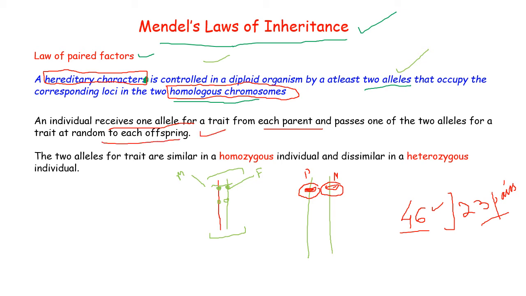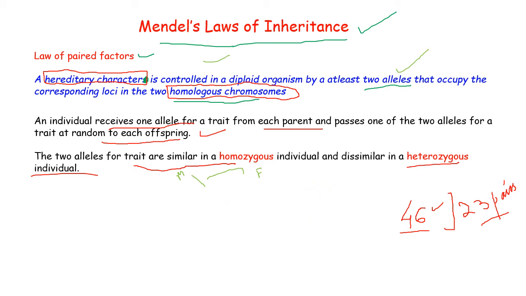When the two alleles for a trait are similar, they are known as homozygous, and the individual is known as a homozygous individual. When they are dissimilar, it is known as a heterozygous individual. I will give you an example of what homozygous and heterozygous mean.